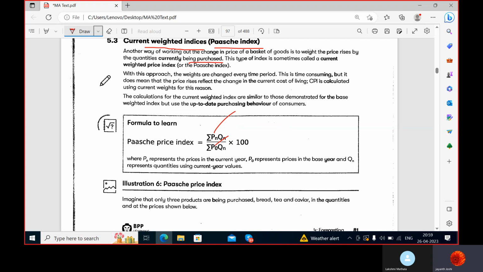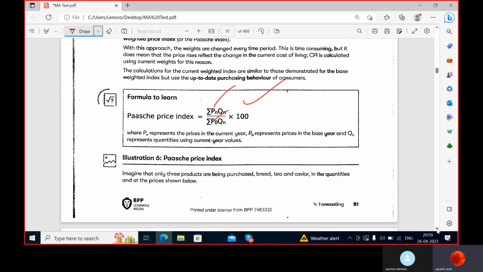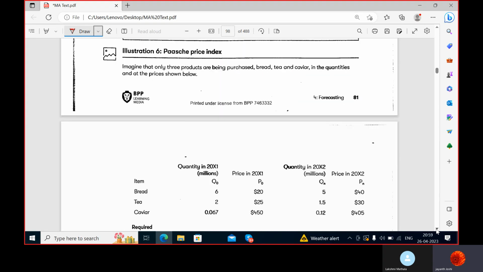So this is the formula, and we are checking up-to-date purchasing behavior of customers with this index. Last time you had the old quantity, that is Pn Q0 by P0 Q0. Now it is Pn Q1 by P0 Q1.